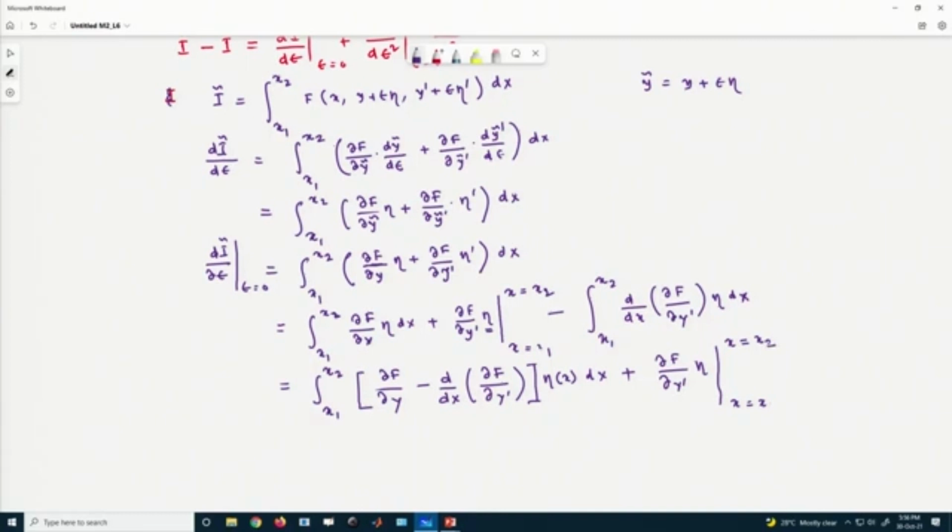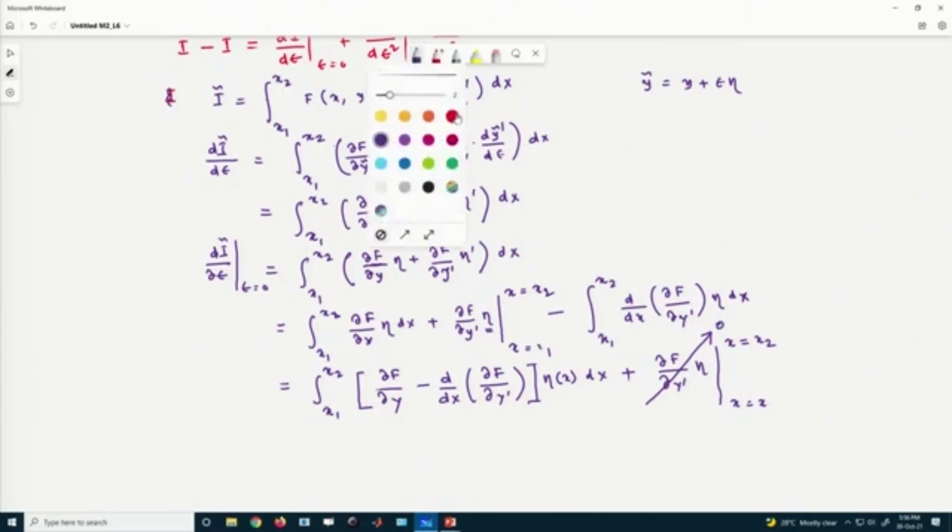From the Brachistochrone problem aspect, this boundary quantity goes to 0, so this is the only quantity I need to preserve, right?